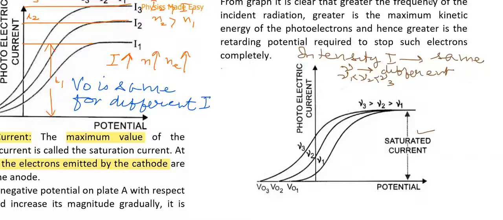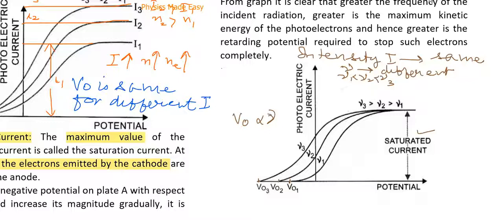This is the order of stopping potential. As frequency increases, stopping potential increases. So I can write that stopping potential V is directly proportional to frequency.